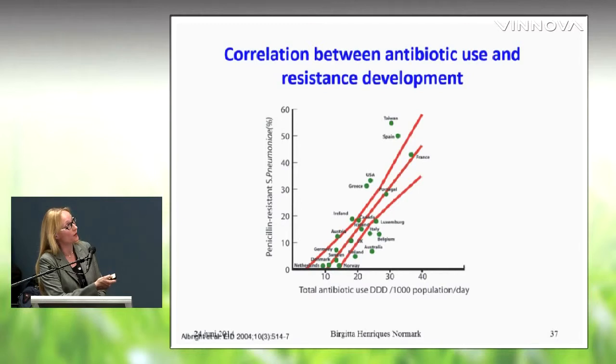In countries like France and Spain, which have a very high rate of antibiotic usage, you see that the rate of resistance is also very high. On the other hand, in the Scandinavian countries, Sweden, Denmark, and Norway, they have very low consumption, but also very low resistance rates. And this is just for one bacterium, but there are studies for other bacterial species as well.